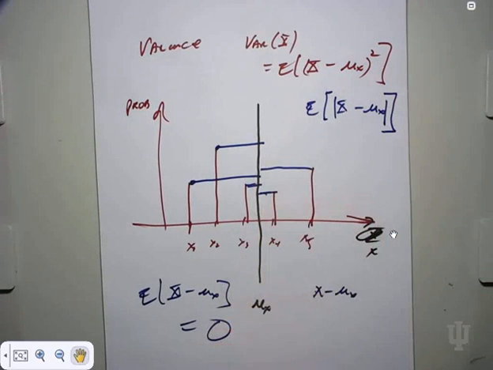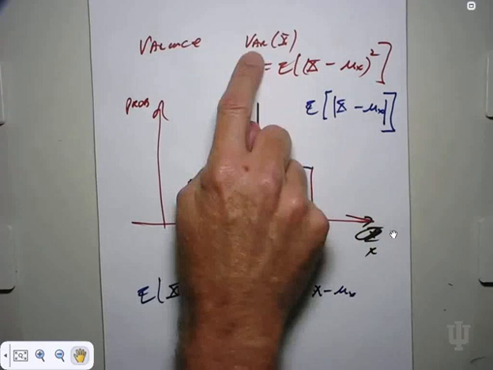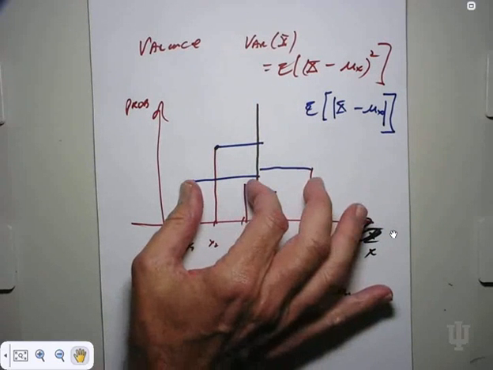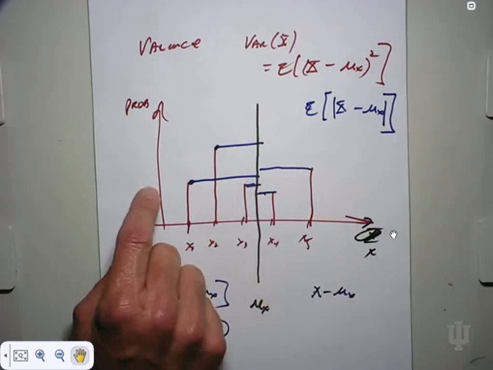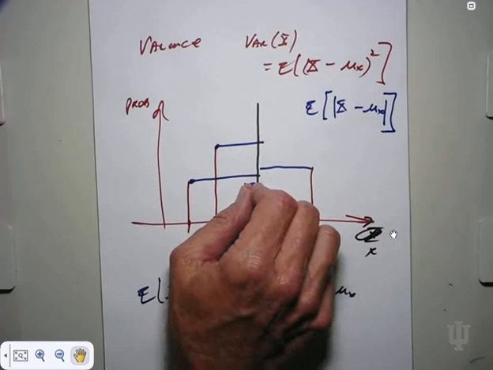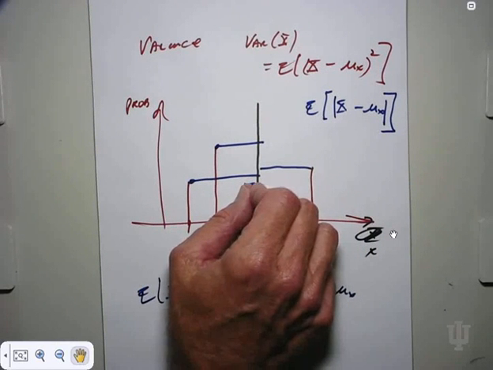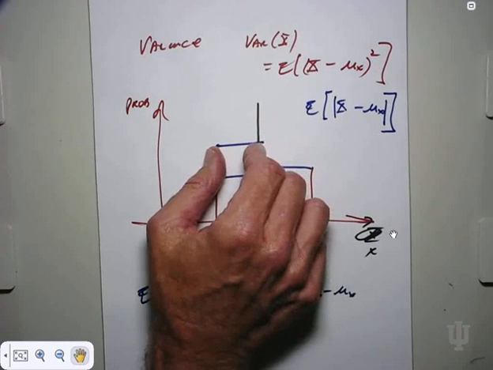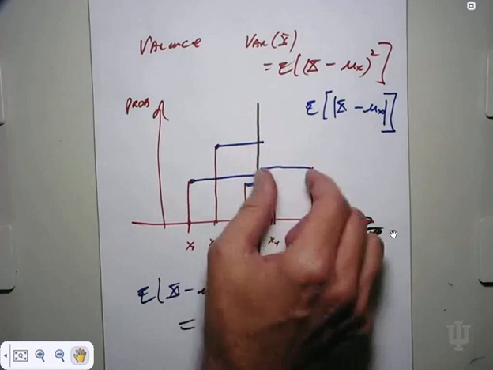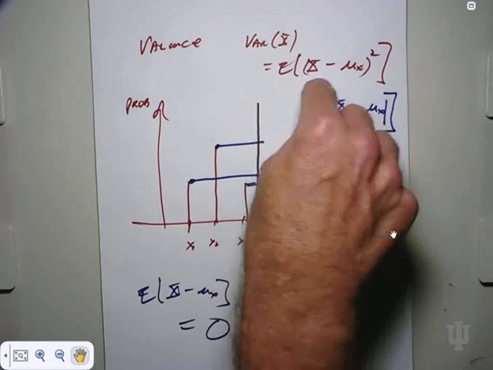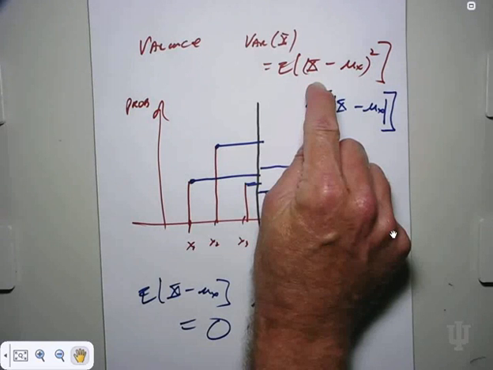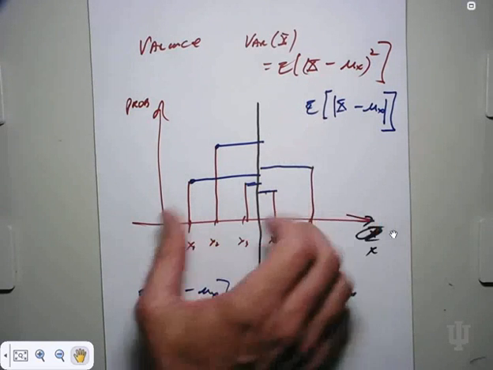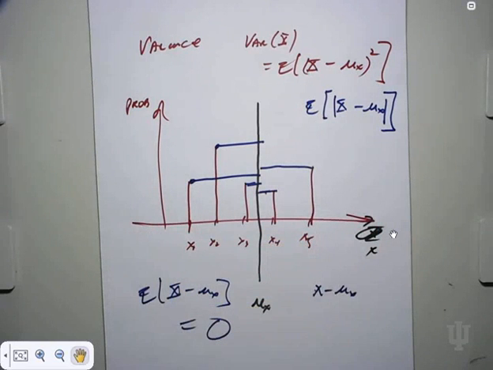So what variance really means is you calculate this distance, which is negative, but you square it and multiply by the probability. You calculate this distance, square it, multiply by the probability, and so on. And it gives you a non-negative number. What kind of number is that? It's like the average distance squared.